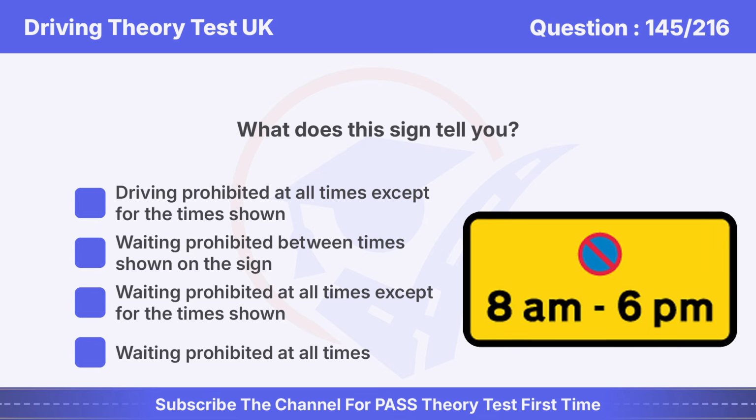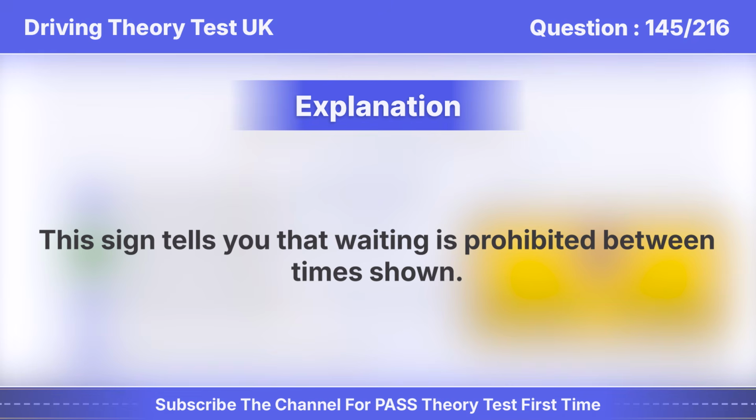Question 145. What does this sign tell you? Answer is B. Waiting prohibited between times shown on the sign. This sign tells you that waiting is prohibited between times shown.